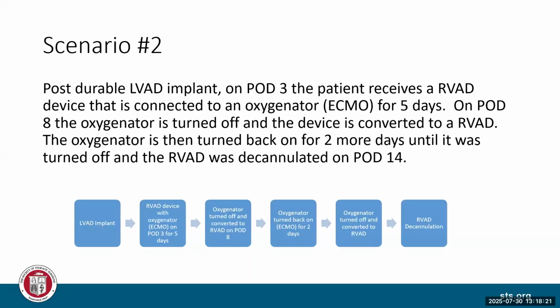So the difference here is you're waiting to add the new device until the oxygenator is turned off on post-op day 8. And then you don't need to do anything to explant it when the oxygenator goes back on. You just leave it and then complete the explant form once it was decannulated on post-op day 14.